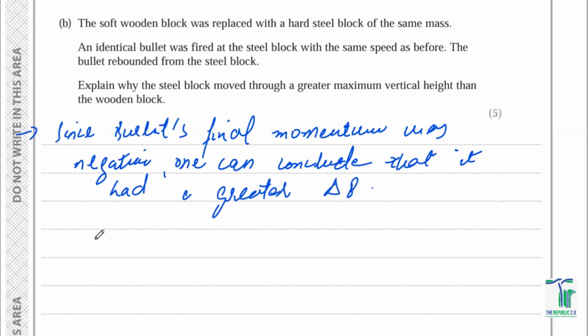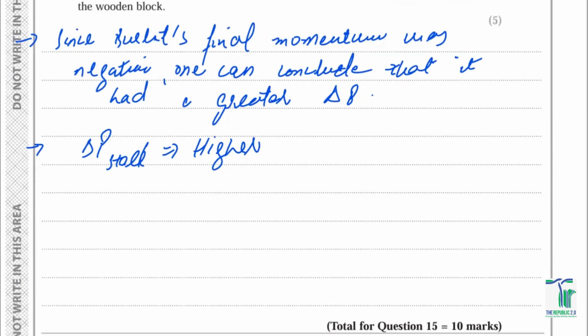And when it moved backward, what does that mean? So delta P, the change in the momentum of the steel block, would also be higher compared to the wooden block, because if the momentum has to be conserved and the bullet is moving back, the steel should have a higher momentum compared to the wooden block.